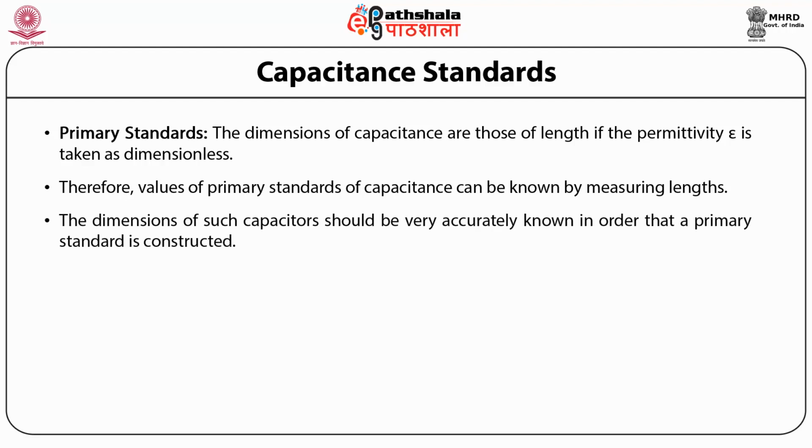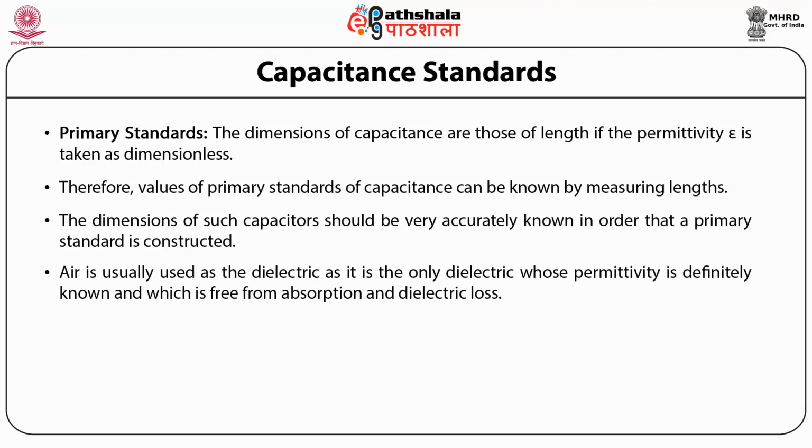The dimensions of such capacitors should be very accurately known in order that a primary standard is constructed. Air is usually used as the dielectric, as it is the only dielectric whose permittivity is definitely known and which is free from absorption and dielectric loss.